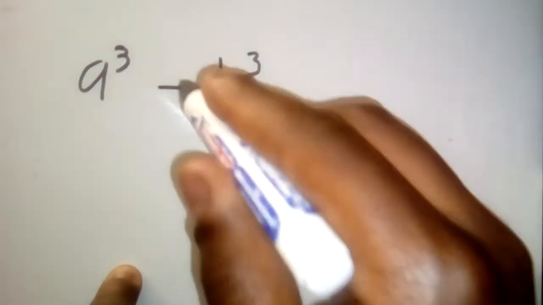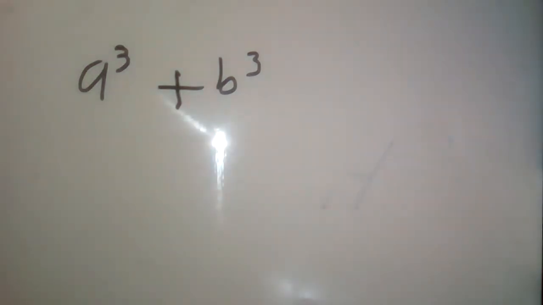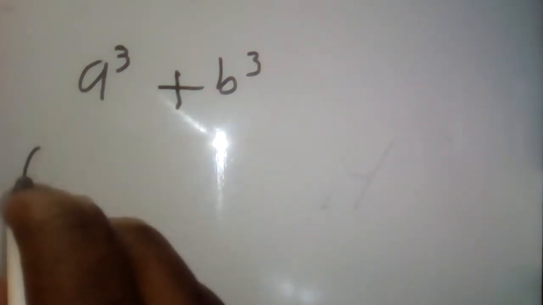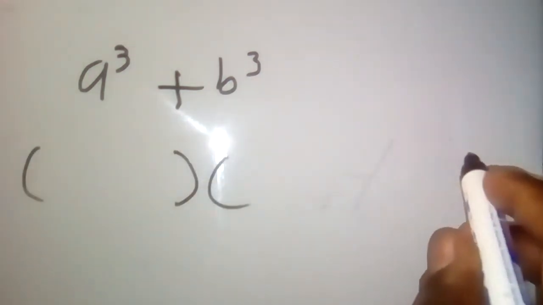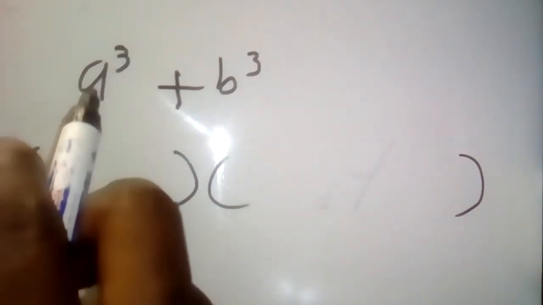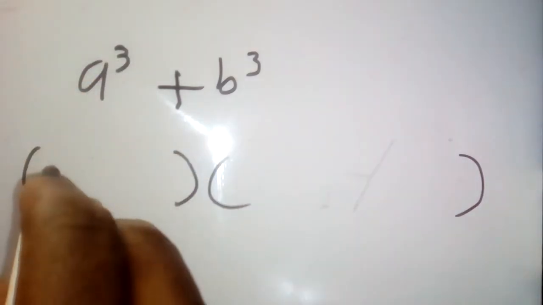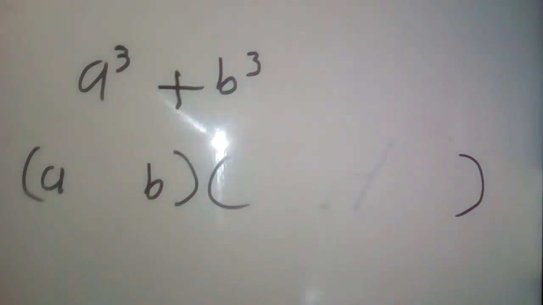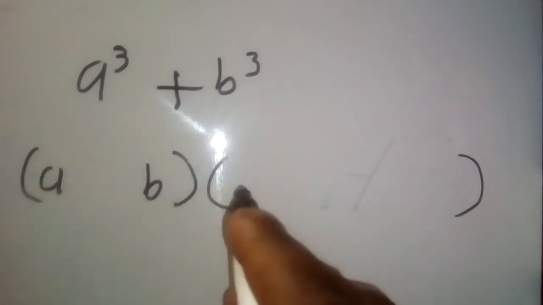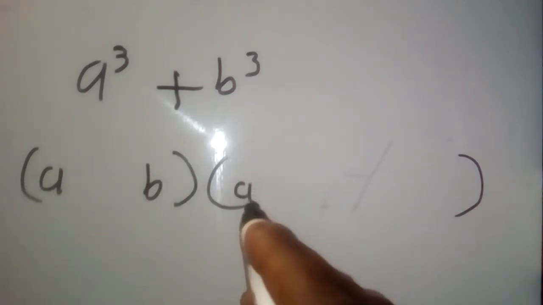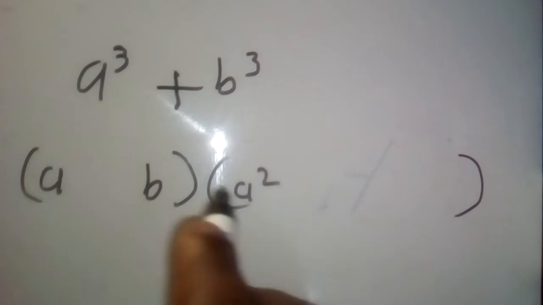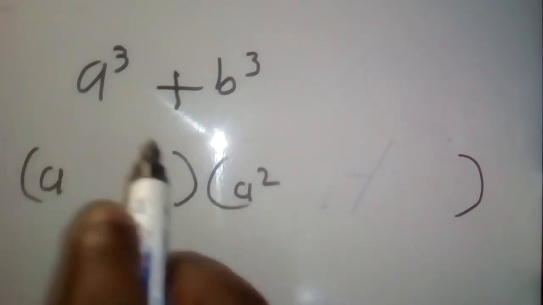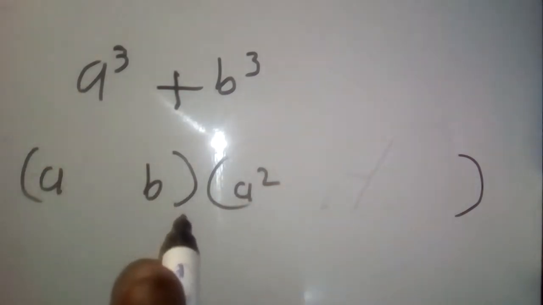Now let's say it's the sum of two cubes. If there's a sum of two cubes, when we factorize it, we do the same thing still. The cube root of a cubed is a, and the cube root of b cubed is b. Now what do we have to put there? What we have to multiply this by to get that is a squared, right?